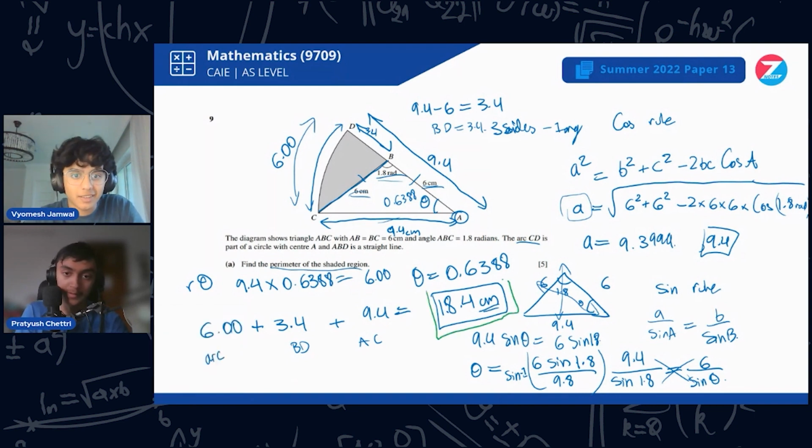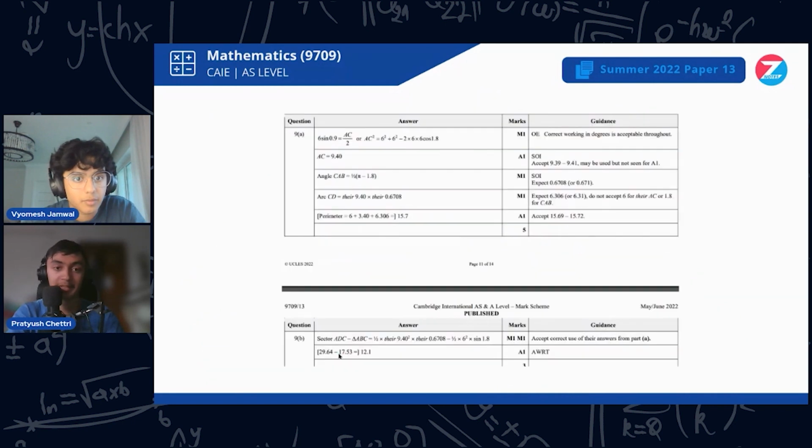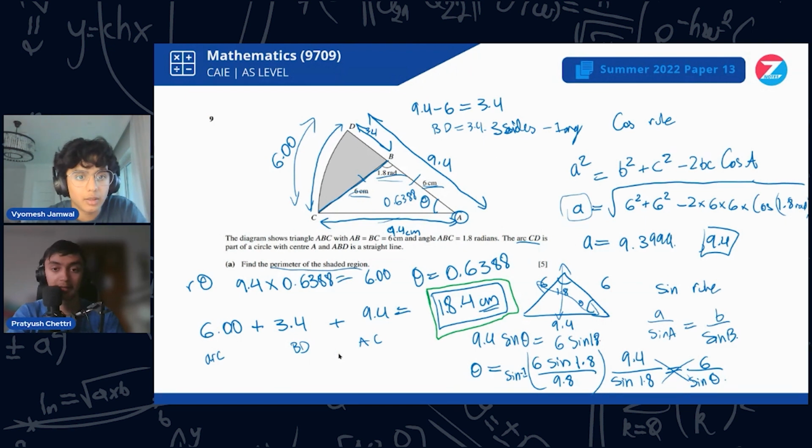Not correct? No. I guess, what happened? 6 is correct. 3.4 is correct. But AC might be incorrect. Shall I consult with the mark scheme? Oh, wait, can you go back? Oh, yeah. Something went wrong.